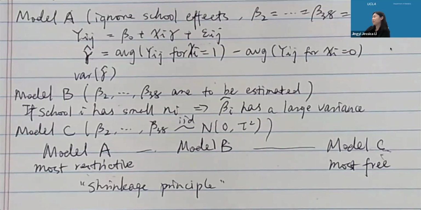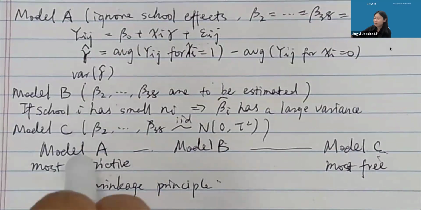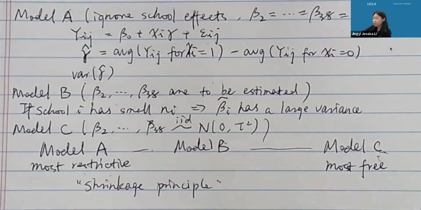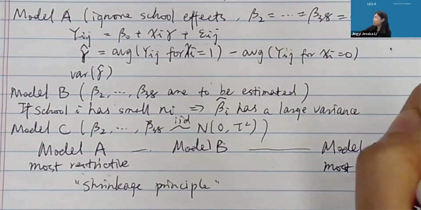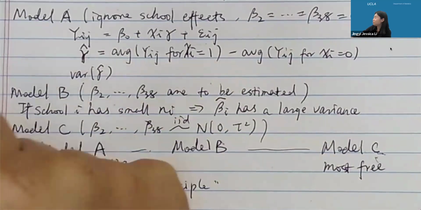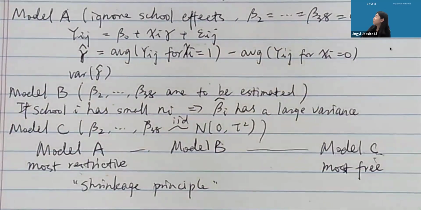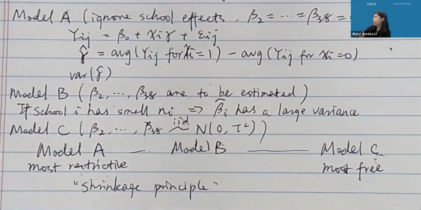That becomes a philosophical decision. But in this problem, which is more concrete, I think this Bayesian interpretation has this middle point thing, right? You're not going to model C because that's so unstable. You are not going down to model A because that seems to be too restrictive. So you're in the middle. But you can possibly change this Gaussian prior to something else, but Gaussian is just easy to work with. Okay. Any other questions?